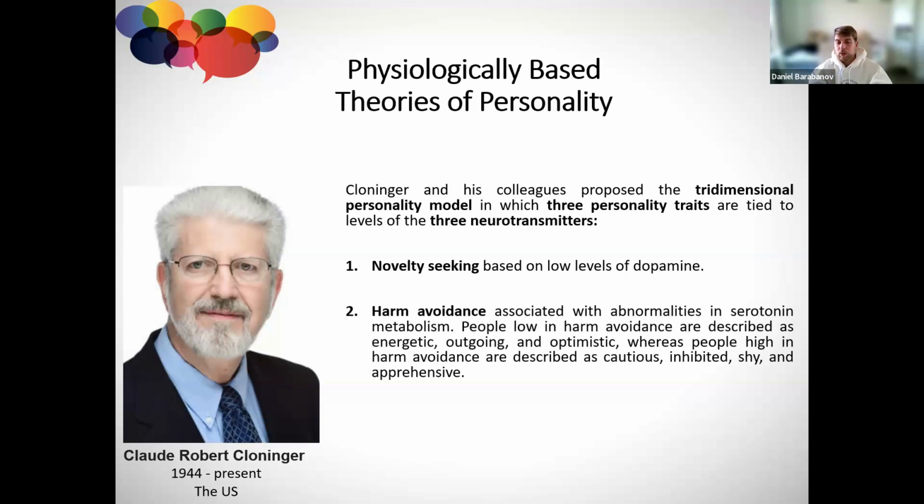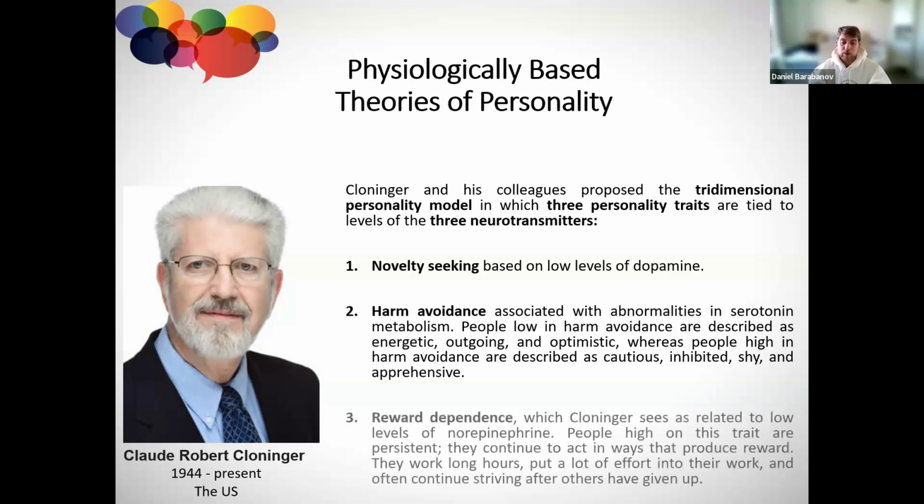People who are low in harm avoidance are described as energetic, outgoing, and optimistic, whereas people high in harm avoidance are described as cautious, shy, and apprehensive. So according to Cloninger, it is connected with the level of the serotonin neurotransmitter.